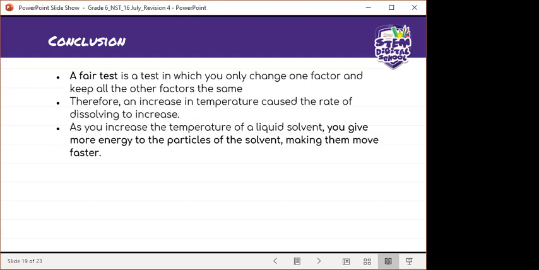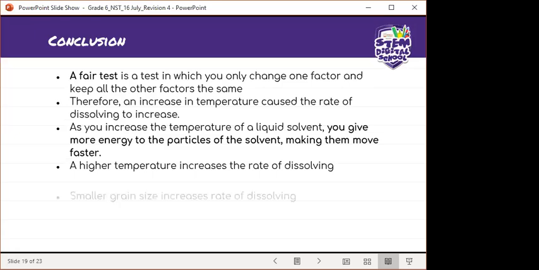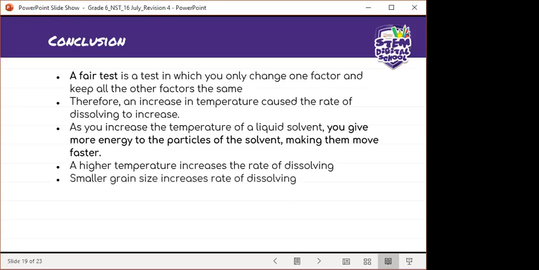We saw that, and as we increase the temperature of a liquid solvent, you give more energy to particles of the solvent, making them move faster. Then a higher temperature increases the rate of dissolving. Smaller grain size also increases the rate of dissolving, and a faster stirring intensity increases the rate of dissolving.